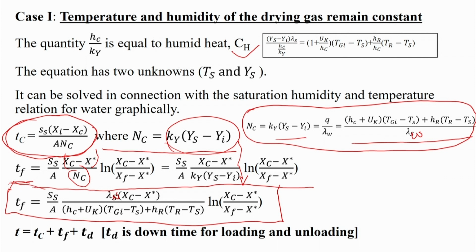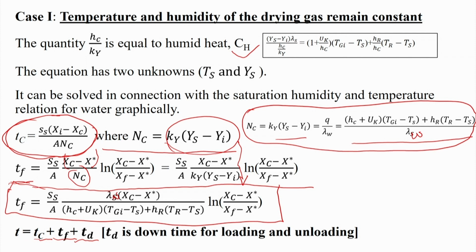But the total drying time for cross circulation drying will be the drying time in the constant drying period, then the falling rate period, and another part, T d, the downtime for loading and unloading.